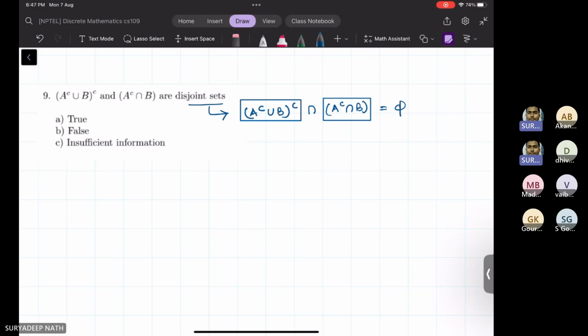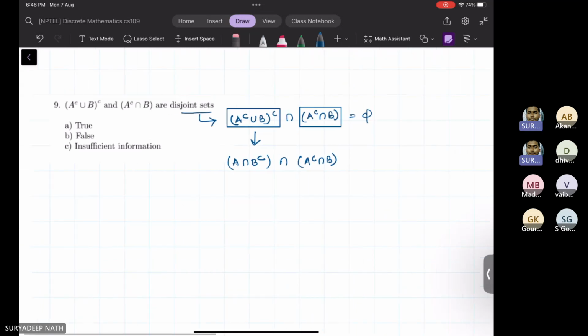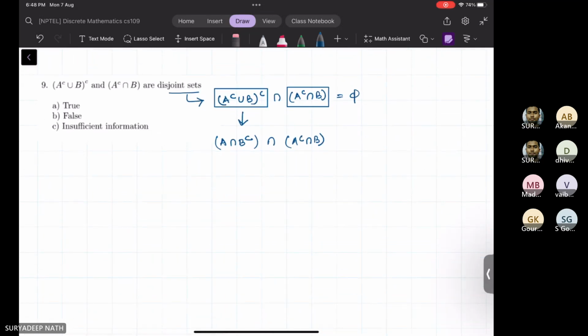So if we look at this first set, by De Morgan's law, we can write it as A intersection B complement, right? And on the other hand, we have the intersection of A complement intersection B. So if we look at this set, I'll draw the set diagram.